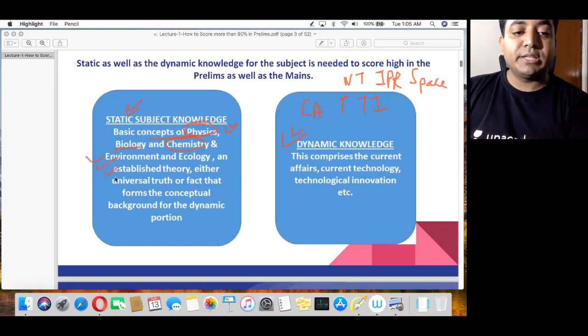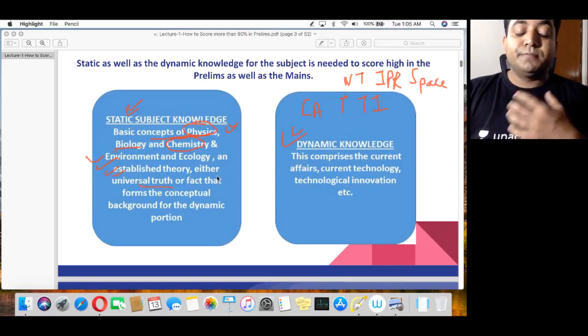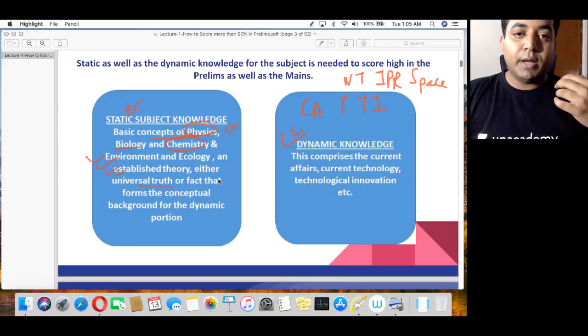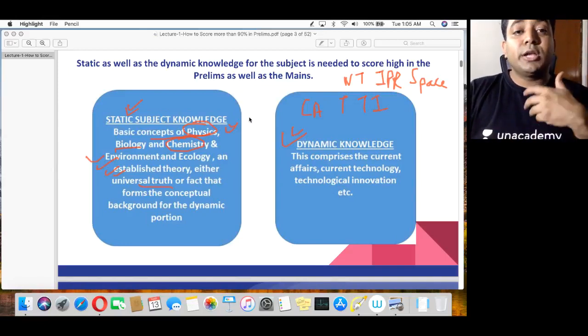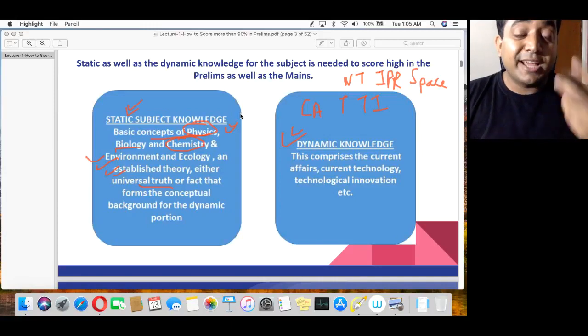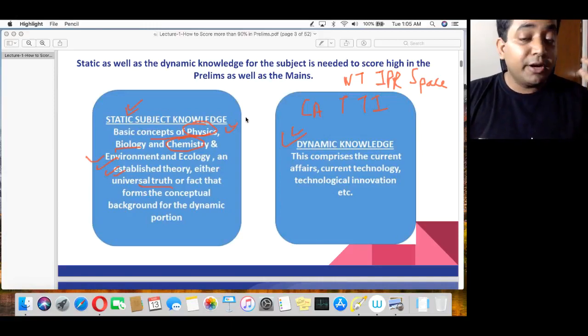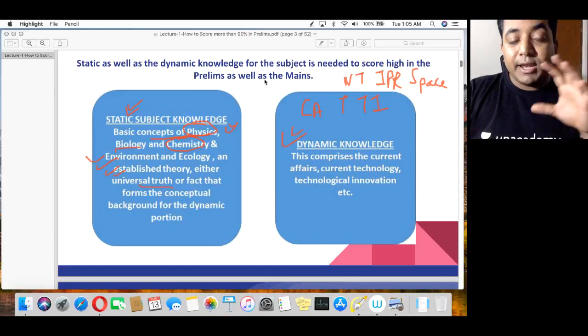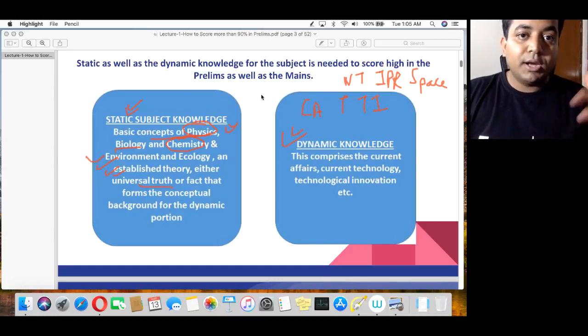It can be an established theory, a universal truth, or a fact. Basically it forms the conceptual background, and it is required so that whenever you're reading the newspaper, Science Reporter, Indian Express, The Hindu, Yojana, and anything related to science comes up, let's say they talk about some new cure for tuberculosis, you need to know tuberculosis is a bacterial disease.